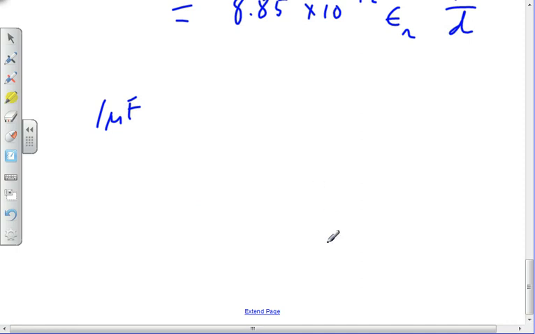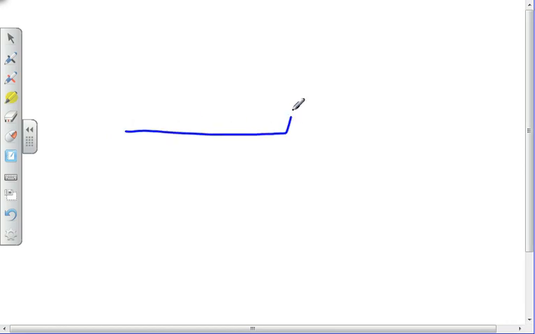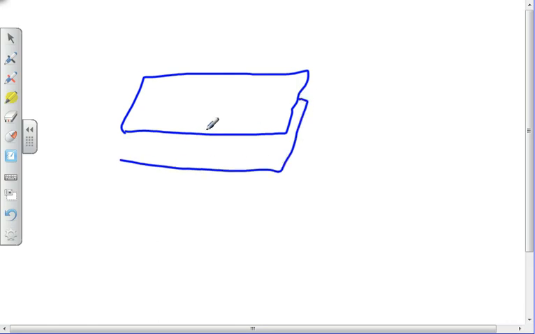So now we have parallel plates sitting here, and they have some area associated with them. We don't multiply the area by 2. Whatever the area is, that's the area we use. And we can calculate what our capacitance is using the formula above.